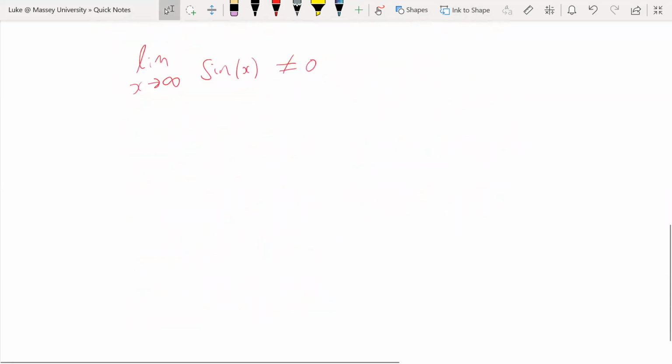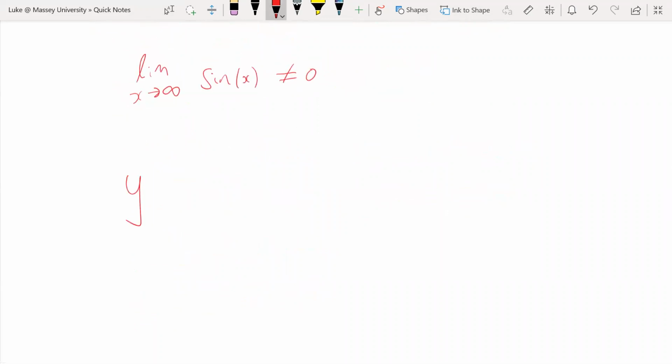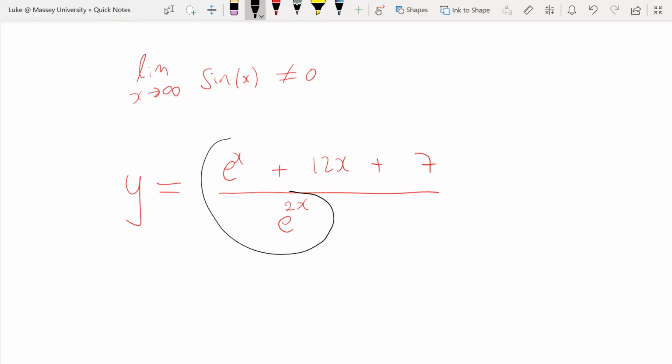I guess one thing to watch out for is if you have something that looks like this. Let's say e to the x plus 12x plus 7, divided by e to the 2x. Here you've got to be careful how you define your terms. There are three terms to check here. There's this term, e to the x over e to the 2x.